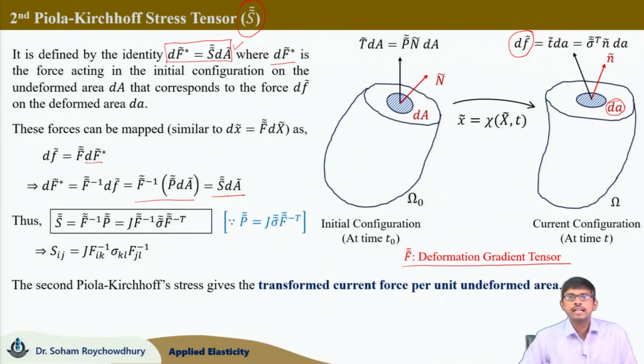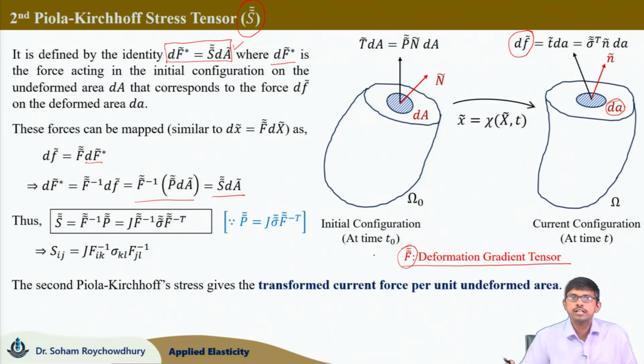So, the second Piola-Kirchhoff stress gives the transformed current force defined per unit undeformed area, and this transformation mapping of the force from the current configuration to the undeformed configuration is done with the help of the deformation gradient tensor F, which is used to transform the small elemental length dX to dx.